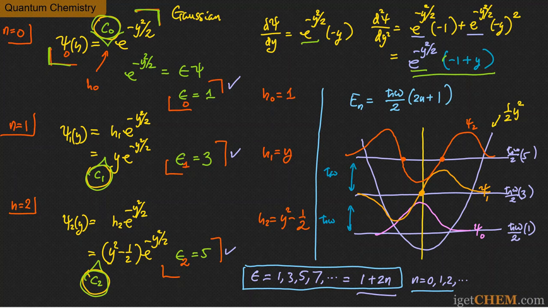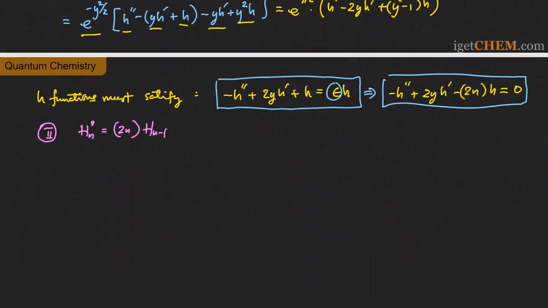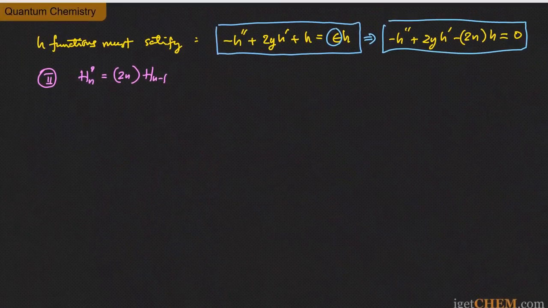So with whatever we have done up to this point, we are able to figure out the functional forms of the H functions and the functional forms of the eigenfunctions, but we don't actually know the proper normalization factor in front of each one. And you can see that very clearly in either one of these two equations, right?